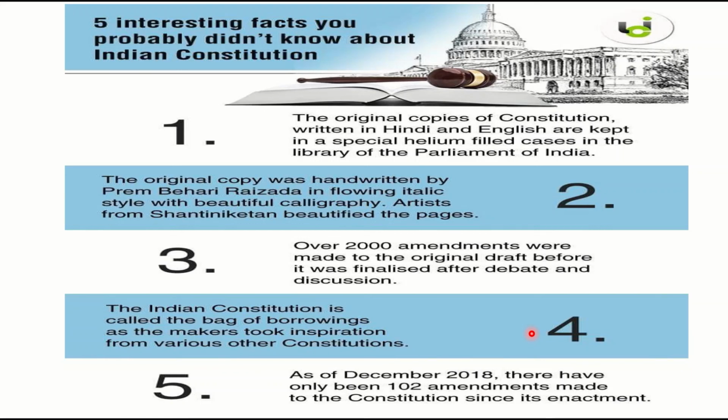So we borrowed different points from other countries' constitutions. Last but not least, as of December 2018, only 102 amendments have been made to the Constitution since it was enacted. So this is all about the constitutional design. Thank you so much everyone.